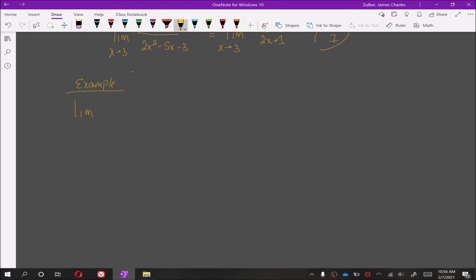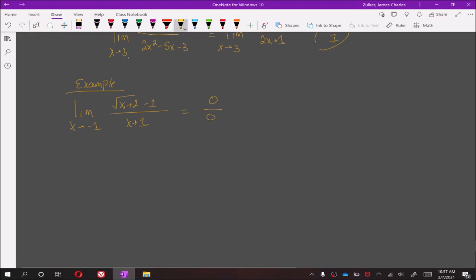Now let's look at the limit as x approaches negative 1 of the square root of x plus 2 minus 1 all over x plus 1. If we plug in negative 1, we get in the numerator 1 minus 1 is 0, and in the denominator we also get 0. Once again, we have indeterminate.